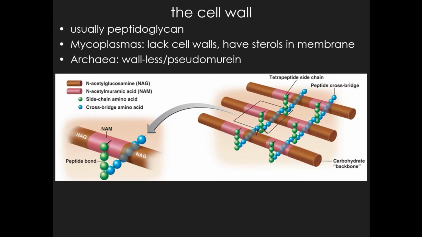So it's highly organized, very rigid, very strong, and all cells that are genetically programmed to make this peptidoglycan cell wall have a particular amount of peptidoglycan in their cell wall.